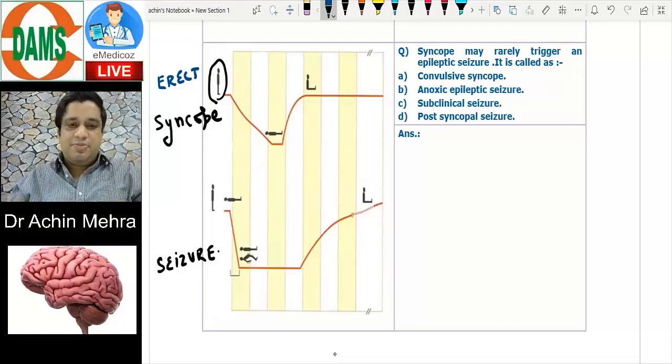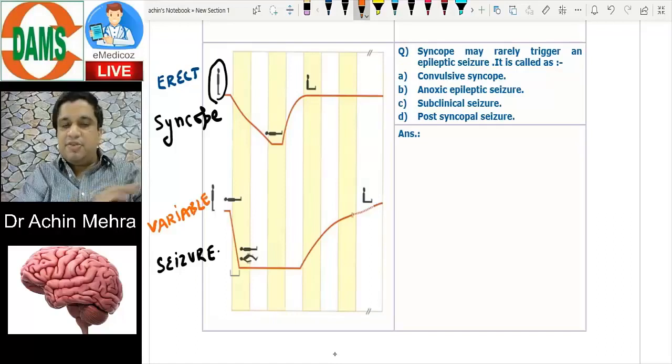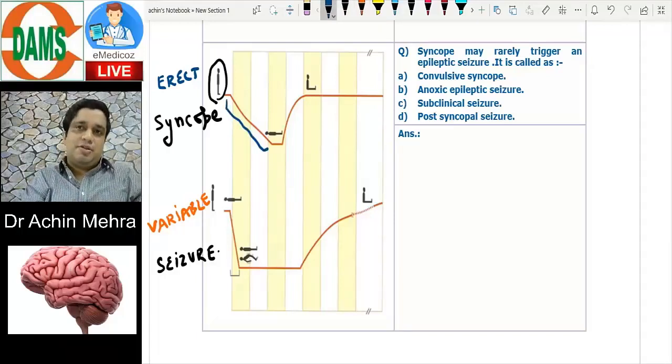While in a seizure episode, the position at the onset is often variable. It can be sitting, lying down, anything. It's variable. Now, this downward arrow reflects how fast the person becomes unconscious.